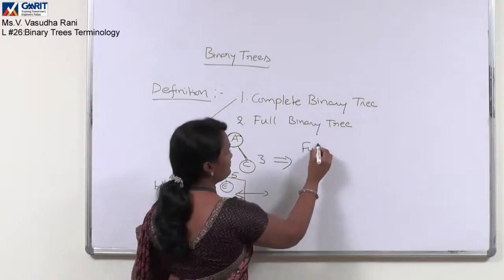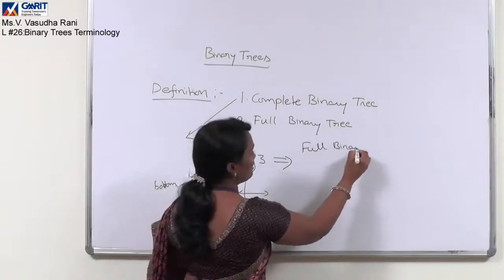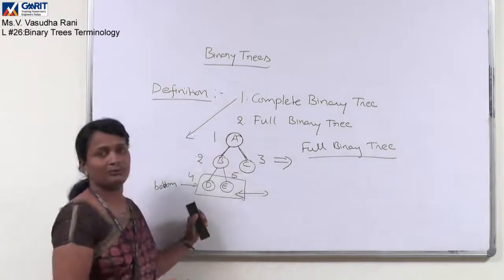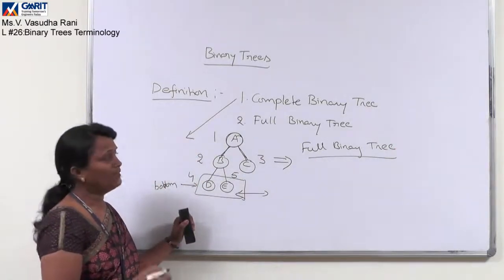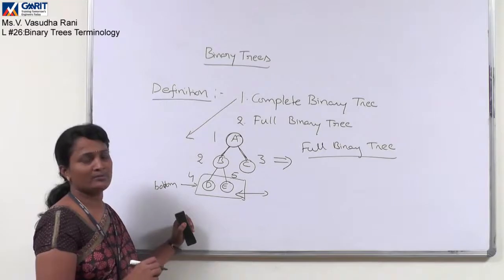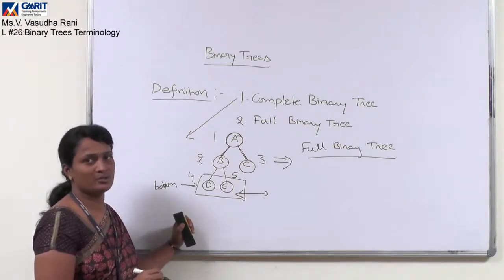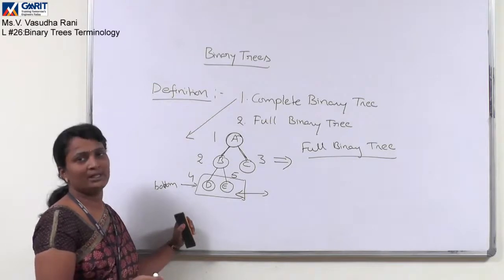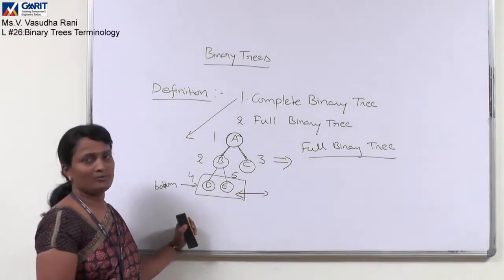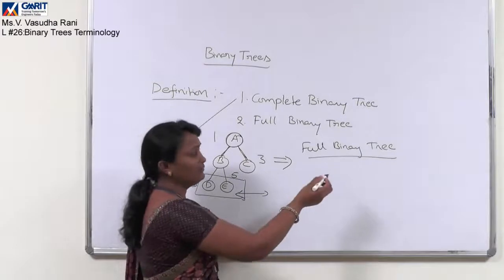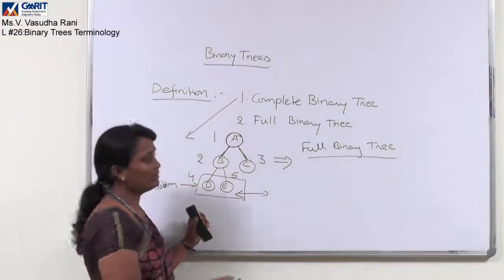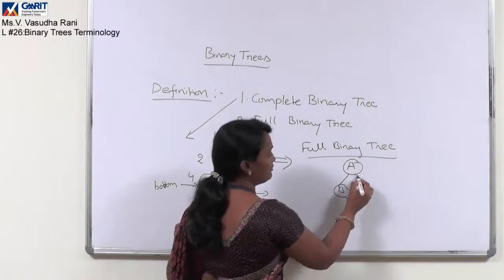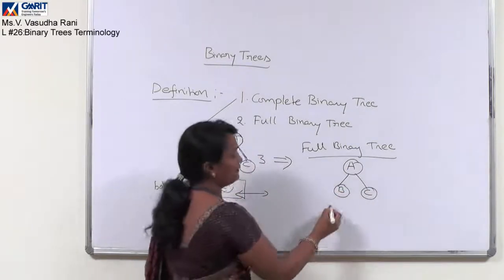Whereas if you consider full binary tree, the name itself is telling, every node should have the maximum number of childs, 2 childs it needs to have, except our leaf level, because leaf level will have 0 number of childs. So all the levels will be filled, like A, then next level should be completely filled.